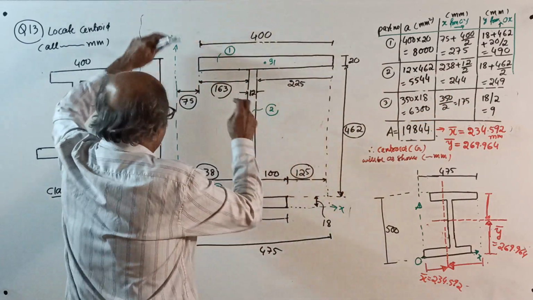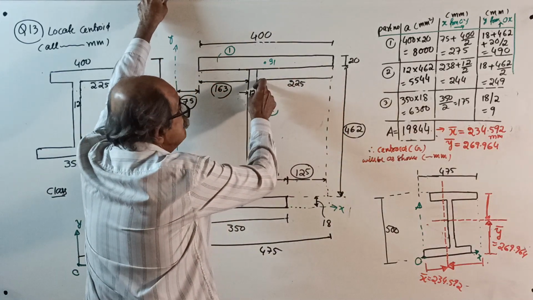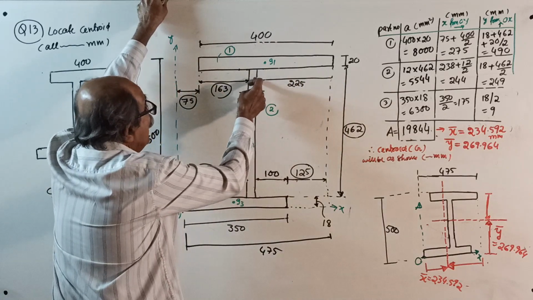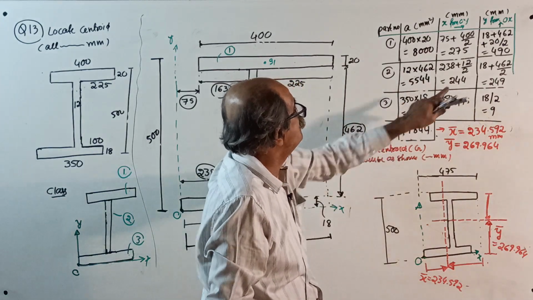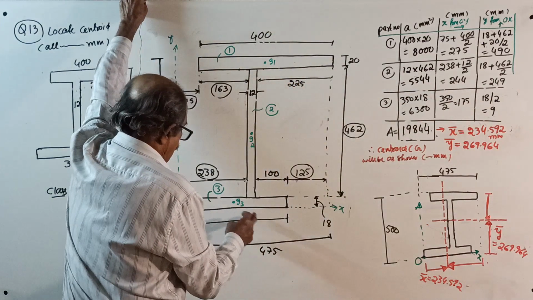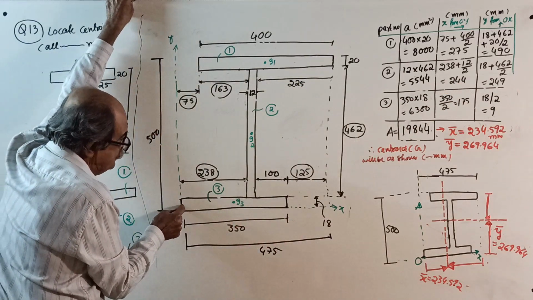Or you can do one thing, from 475, subtract 225, and also subtract half of 12. Same answer will come. This one, x3. Oh, this is a rectangle, 350 from here directly 350 by 2.